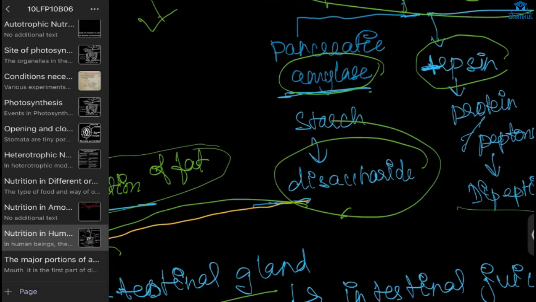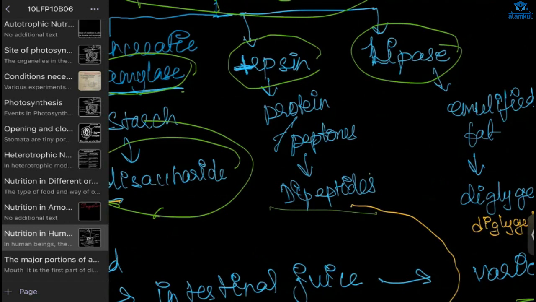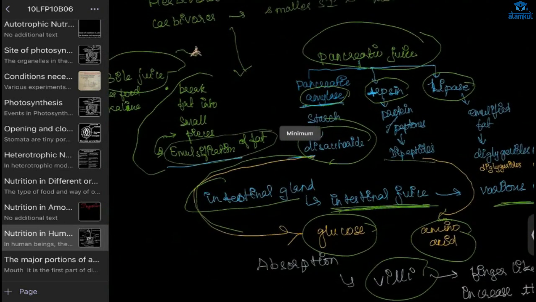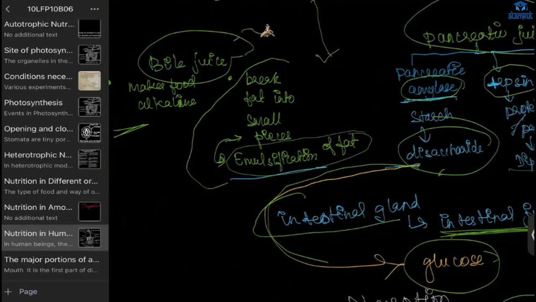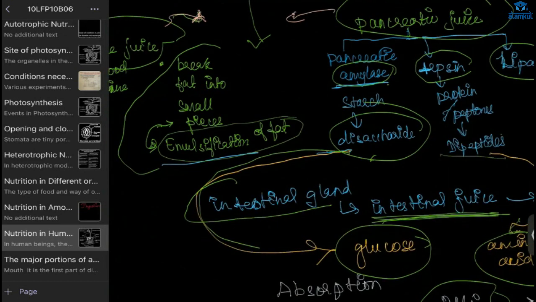Trypsin will act on protein, and lipase will act on the fat. All this will be broken down. So this bile juice will come from the liver and pancreatic juice from the pancreas. It will come where the food is, right? So both will act and break down the food.